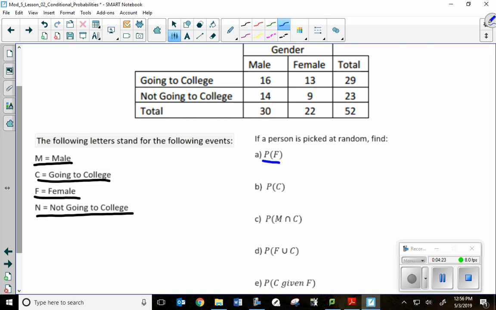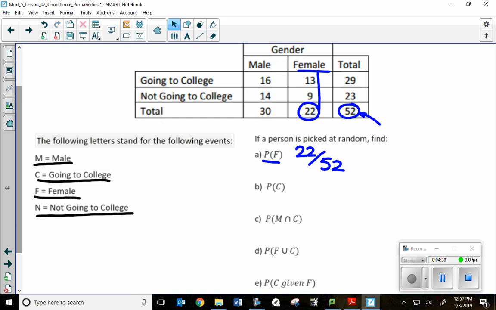Here are all my females, and there are a total of 22 females out of the 52 they surveyed. So that's my probability. I'm not going to have you put that into a decimal. I'm fairly confident you could put 22, hit the division button, and then put 52 in the calculator, and then hit enter. If you want to go nuts, that's fine. I'm going to say 22 out of 52.